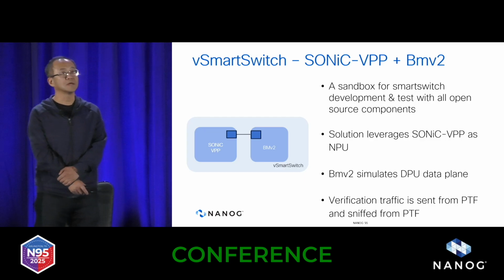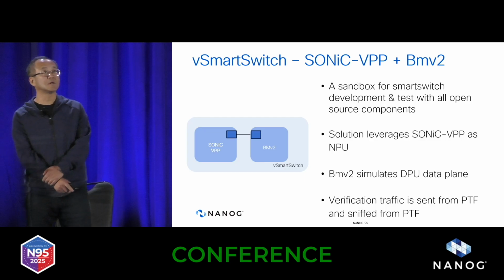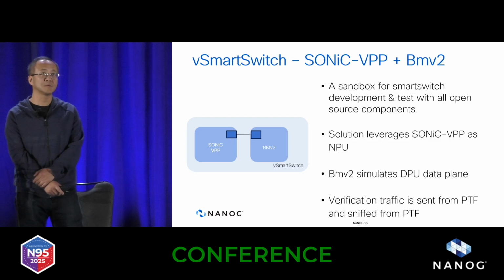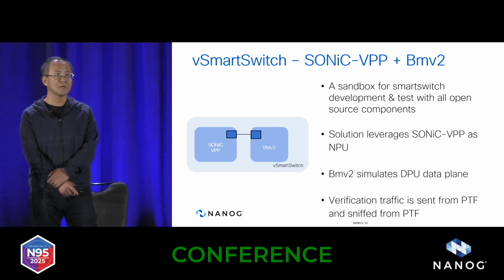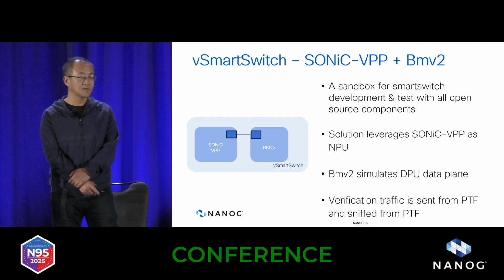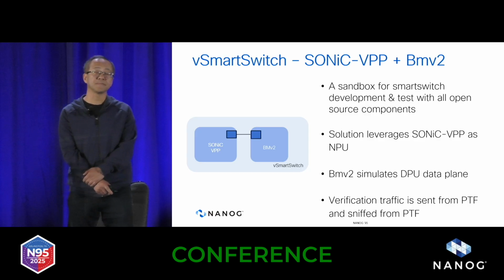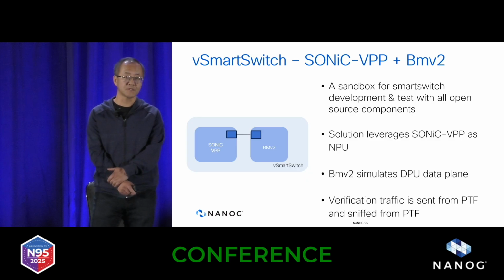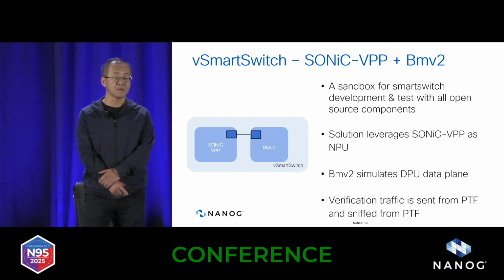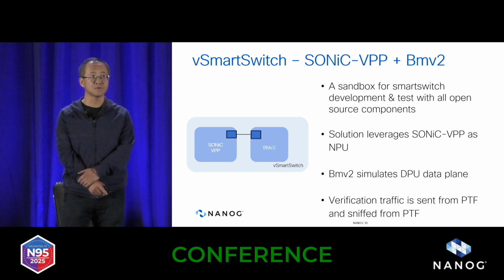In the Azure environment, it uses about 128 gig memory and 16 cores. For VPP, VPP uses 4 cores. The SONiC control plane uses 2 cores, and the remaining are for the T0, T2 simulation.